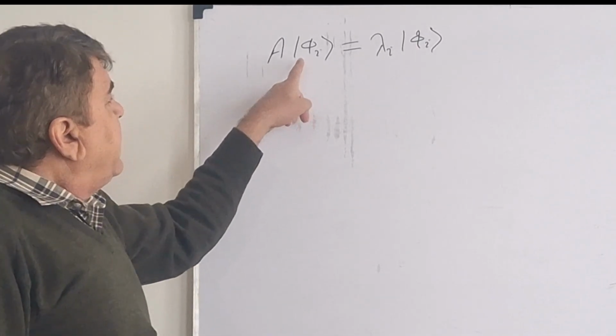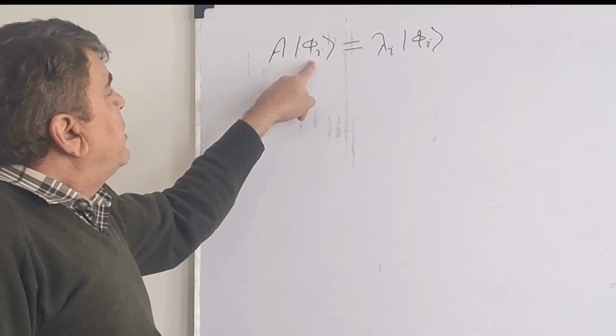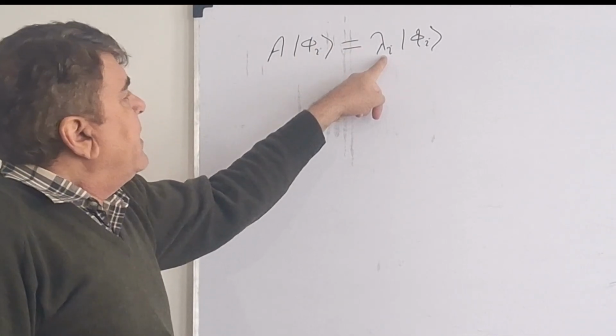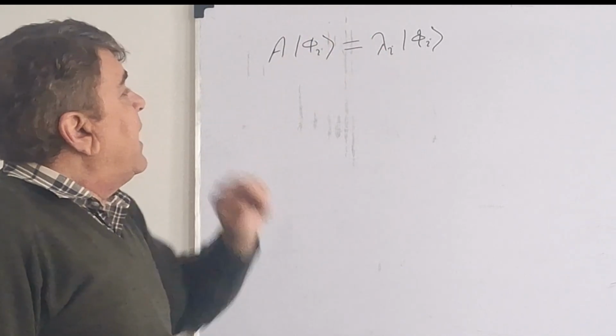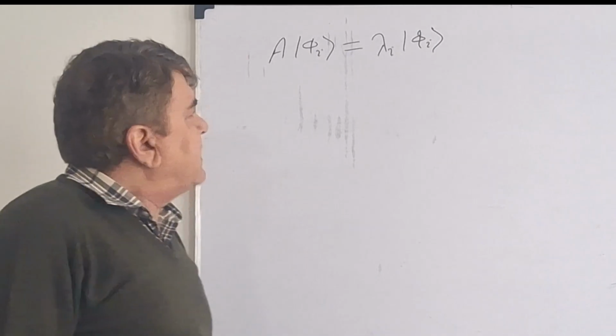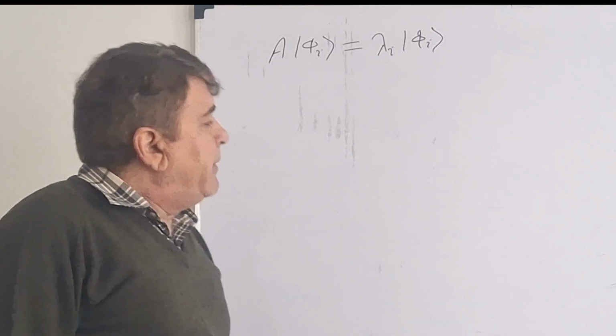Here, the ket φ_i is in fact a set of functions. We call them eigenfunctions, and similarly, λ_i is a set of numbers. We call them eigenvalues. The eigenvalues could be positive or negative real, or could be complex.